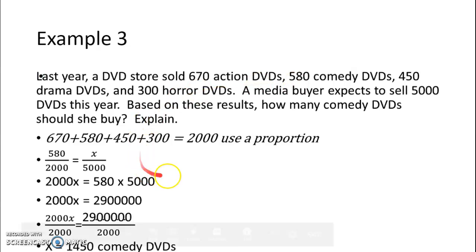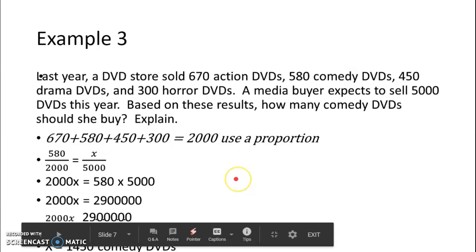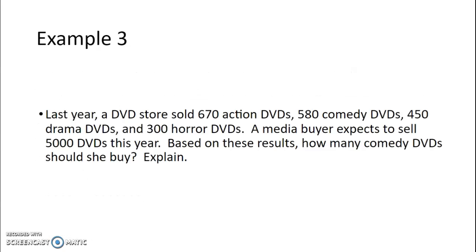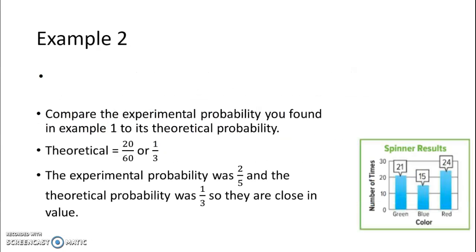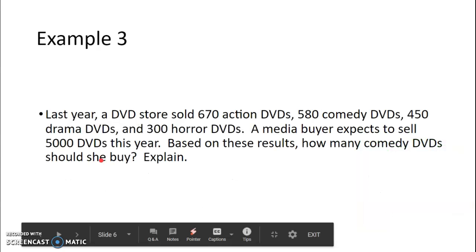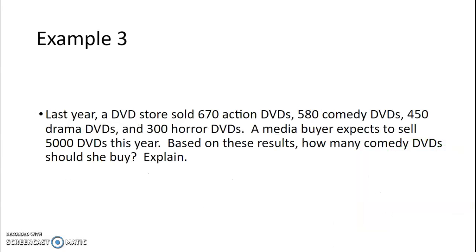So you will have to use some proportions on your assignment today. So keep in mind when it's asking for experimental probability, it's the actual thing that occurs, and theoretical, reviewing back over, theoretical is what should happen. Sometimes those could be the same things.